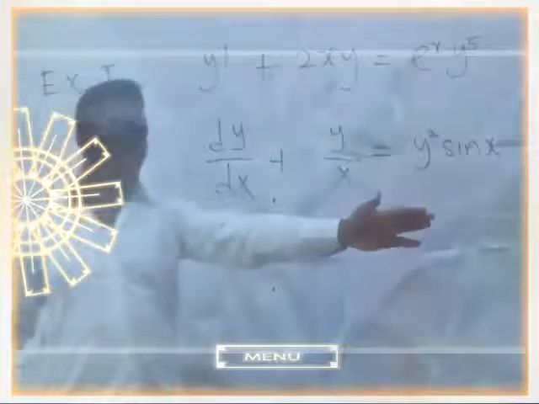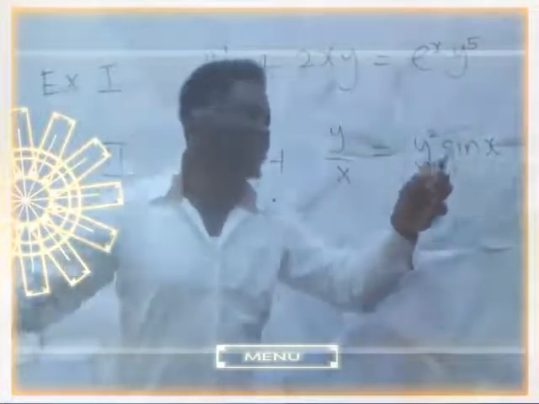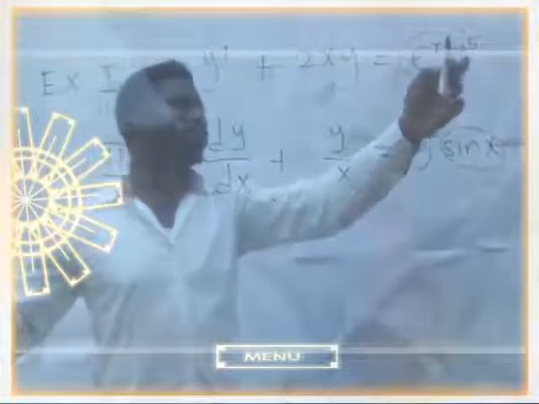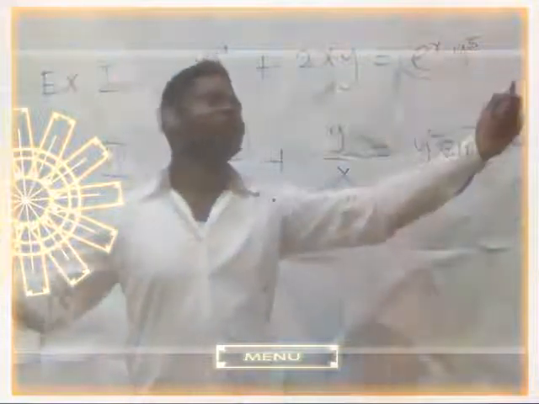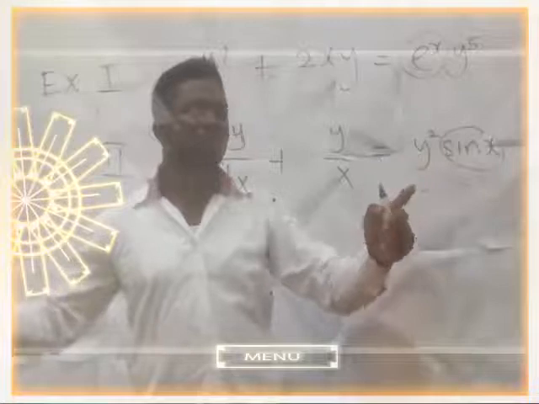Is it Bernoulli's equation? Now this is your q of x, and this y to the power of 5 here is the variable attached to the Bernoulli's equation. Here I have it as y squared.